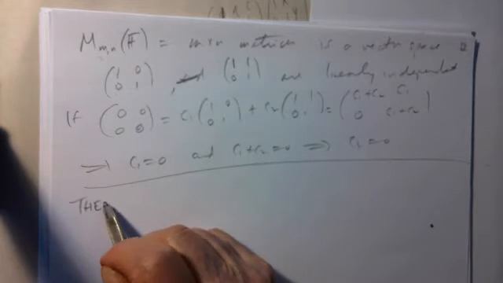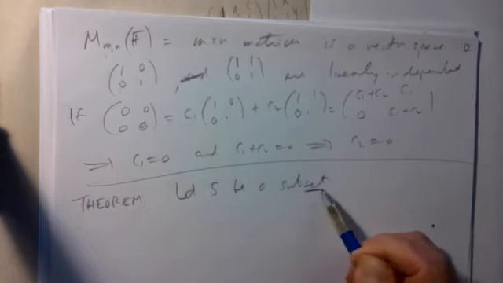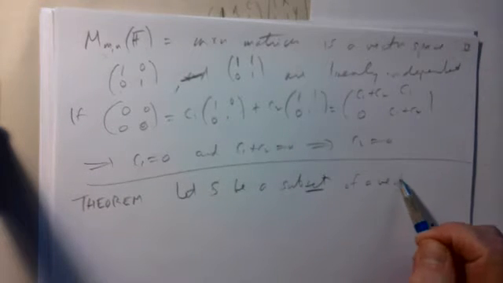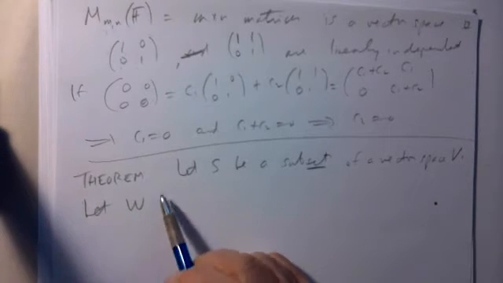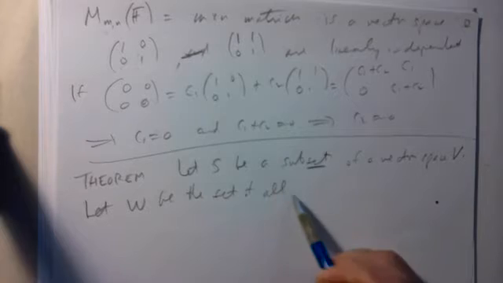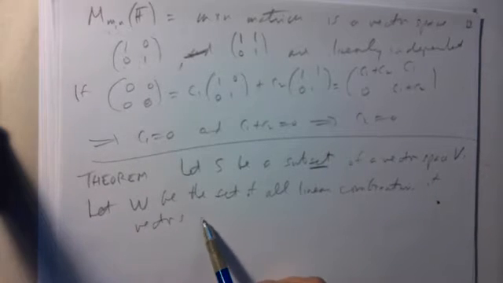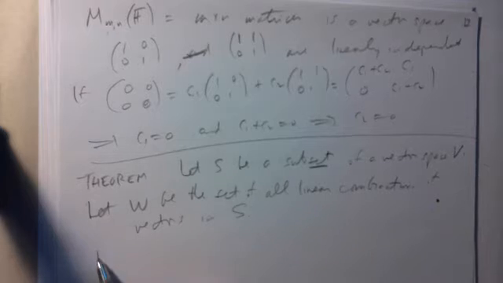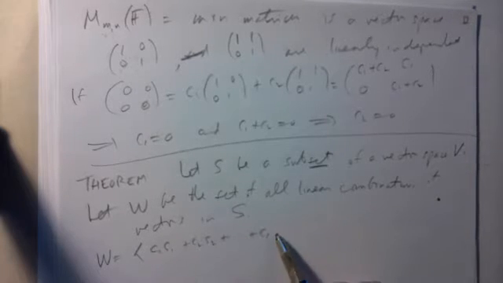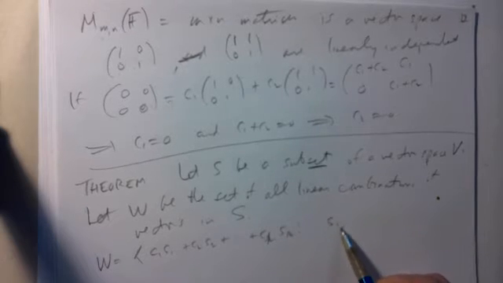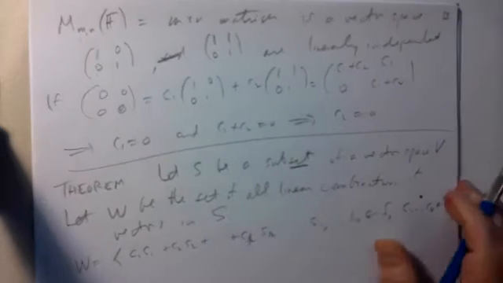An important theorem that I proved on Wednesday morning says the following: let S be a subset, not a subspace, but a subset of a vector space V. Let W be the set of all linear combinations of vectors in S. That means W is every vector you can write in the form c1 s1 plus c2 s2 up to ck sk, where s1 up to sk is some finite sequence of vectors in S, and c1 up to ck are scalars in the field.